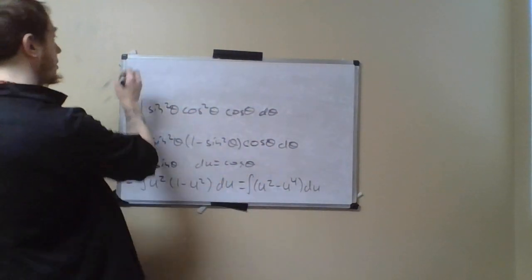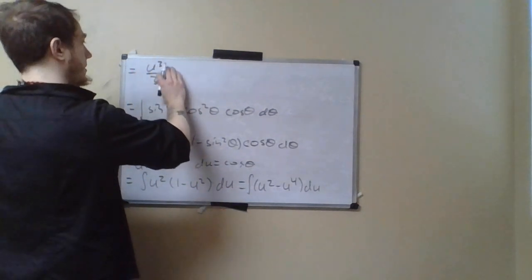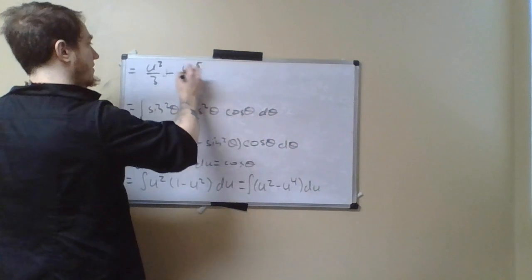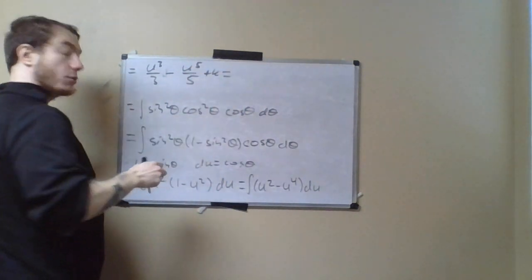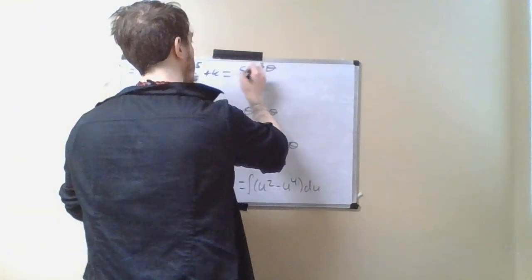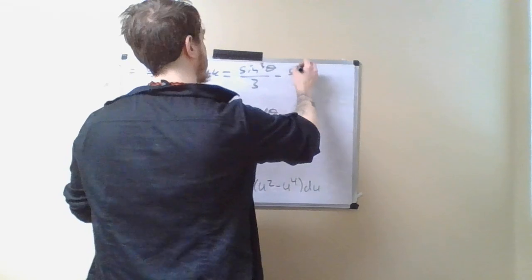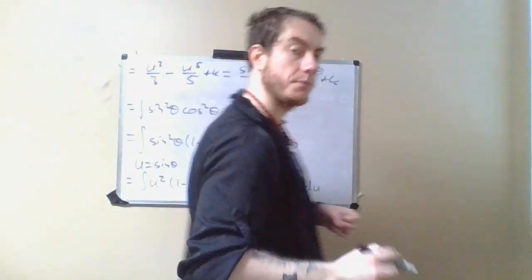This is going to become u cubed over 3 minus u to the fifth over 5 plus a constant. Then I just have to replace my u's with sine theta. So sine cubed theta over 3 minus sine to the fifth theta over 5 plus a constant.